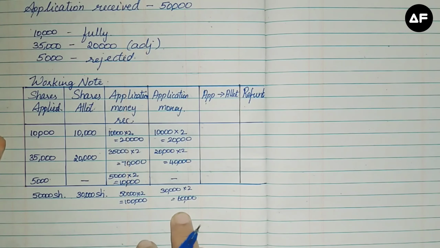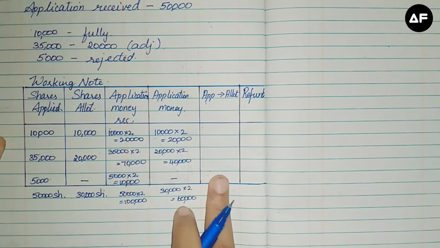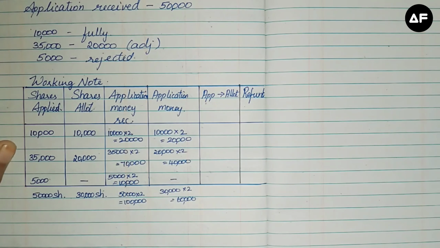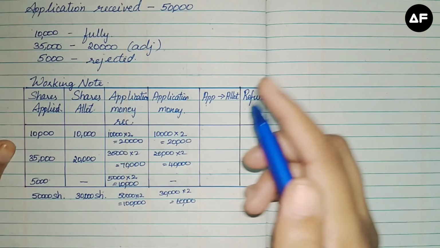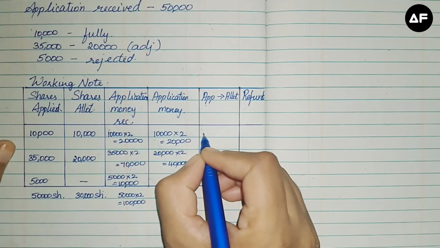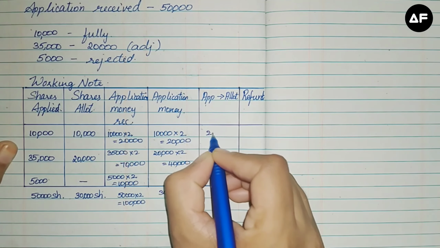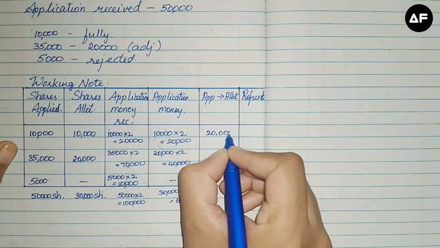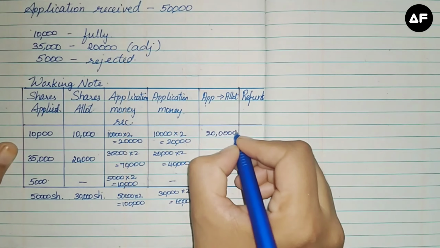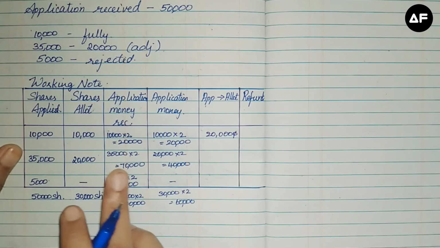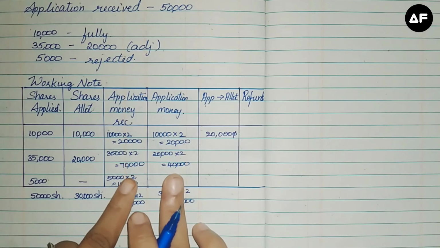Next, how much amount is being adjusted towards the allotment? If you take the first one, it is fully subscribed, so that doesn't change. That is going to be the same 10,000 into 2, so I am straight away writing the same 20,000 rupees. Now when you take the other two, there is a difference.